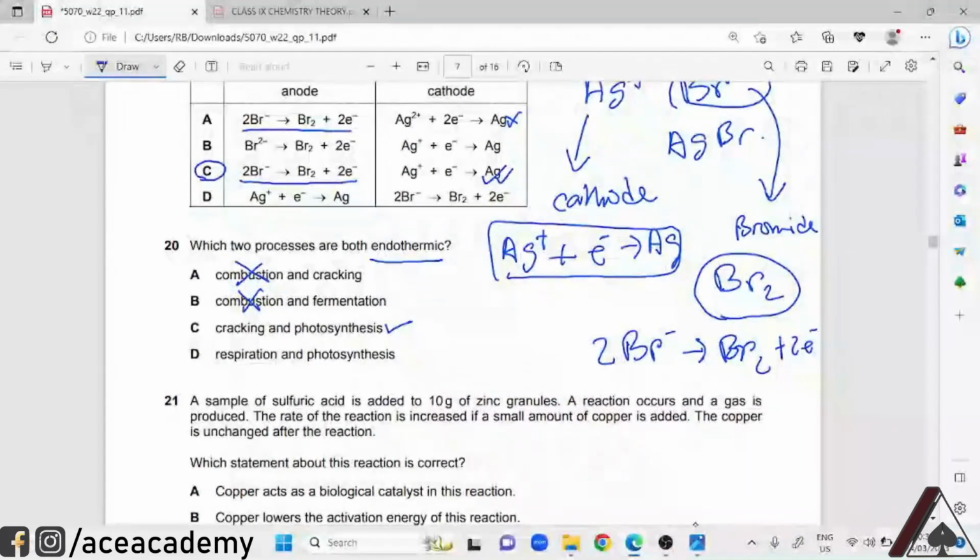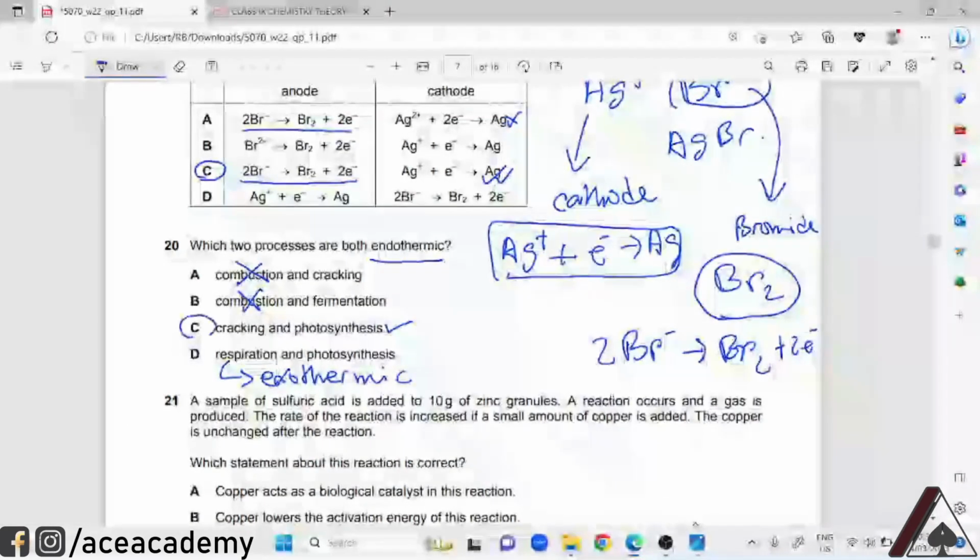In option D, we have respiration and photosynthesis. Photosynthesis is an endothermic reaction, but in respiration, glucose molecules are broken down and energy is released. Since energy is released, it is an exothermic reaction. As a result, the correct answer is C.